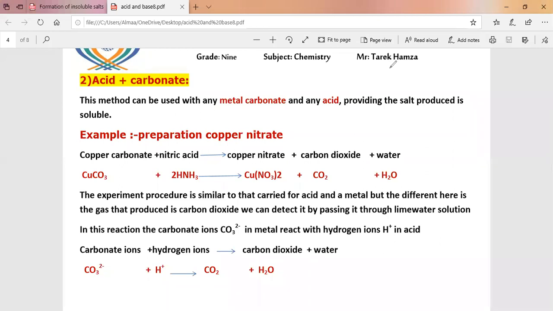By passing the gas through limewater, it turns milky. The ionic equation for the carbonate ion reaction is CO3 2- plus 2H+ gives carbon dioxide and water.